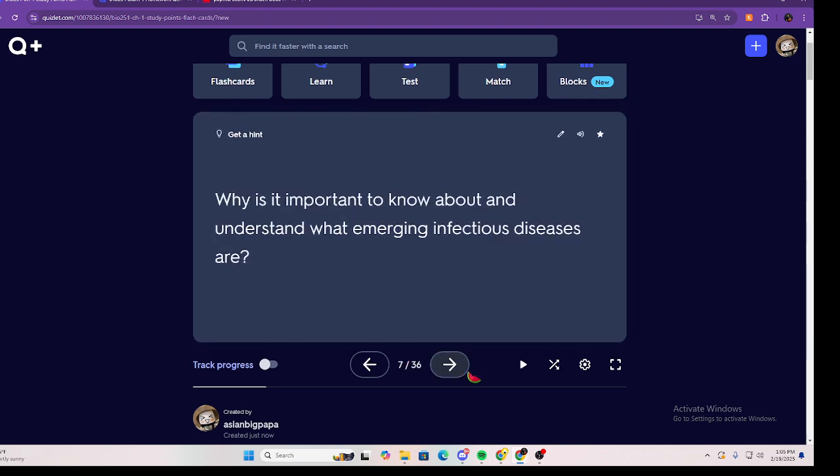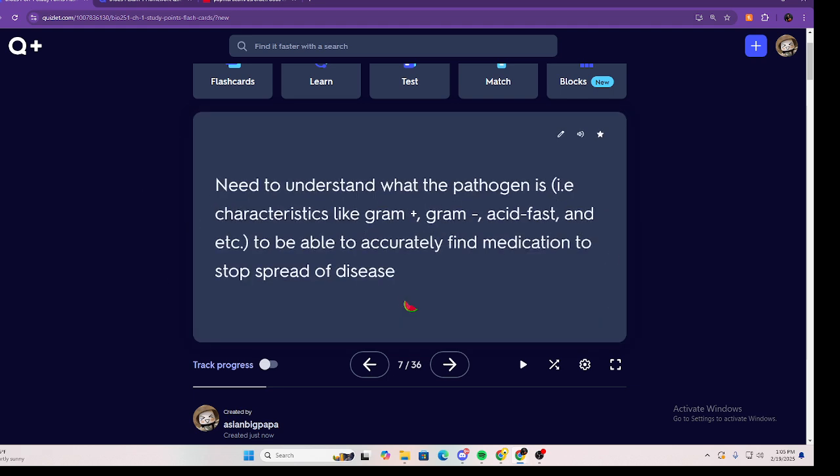And then, why is it important to know about and understand emerging infectious diseases? It's important to know about certain pathogens because it allows us to understand how to fight against them. For example, this pathogen has different characteristics, like it's gram-positive, it's an acid-fast bacteria.